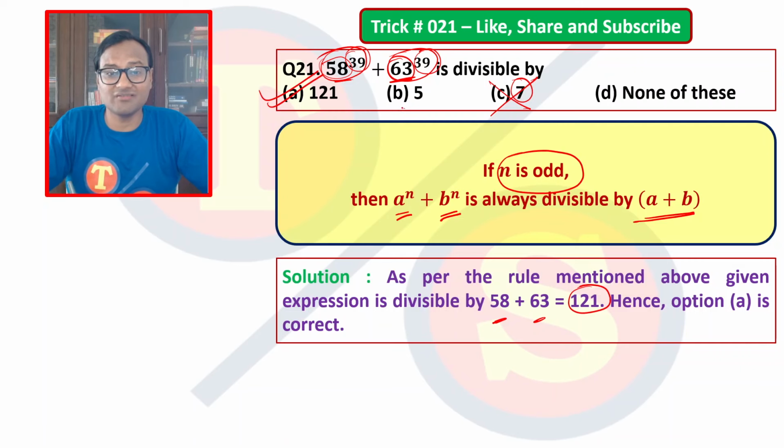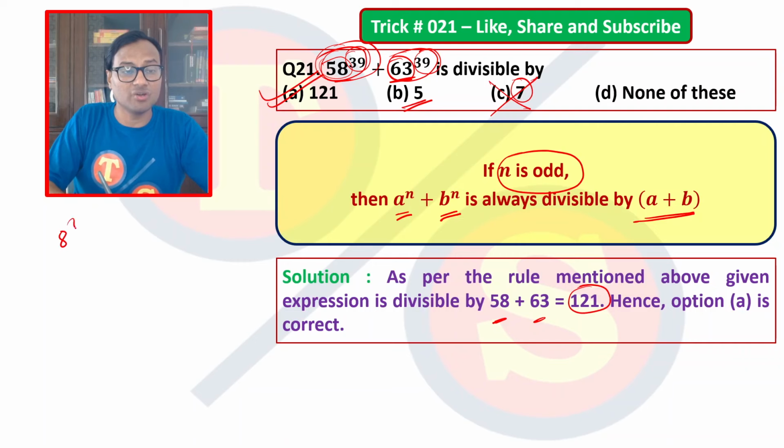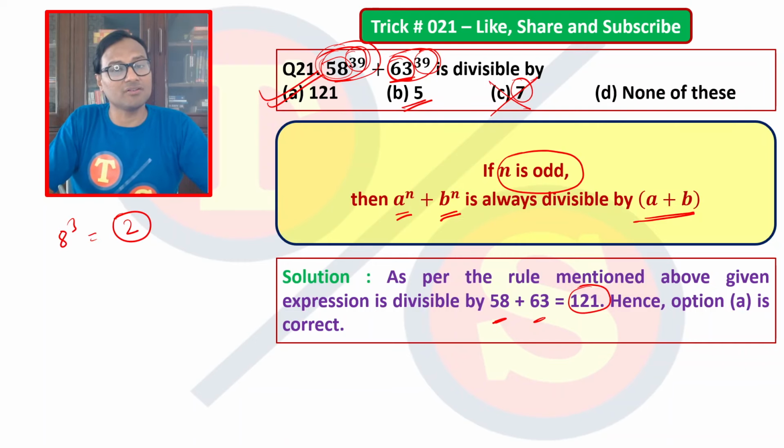Now can we say that it will not be divisible by 5? I will say yes. If you find the unit digit, for 58 to the power 39, 39 is in the form of 4x plus 3. So 8 cubed, the unit digit will be 2. And for 63 to the power 39, 39 is again 4x plus 3. So 3 cubed is 27, so the unit digit is 7.